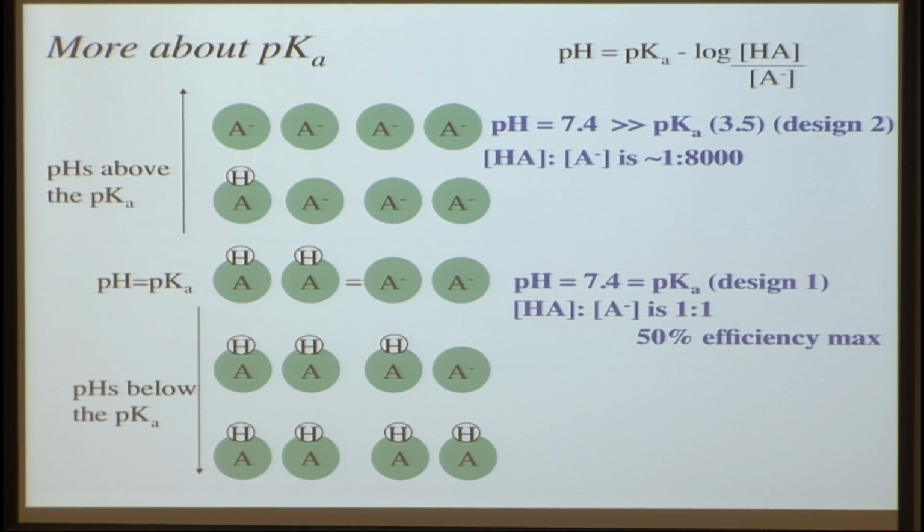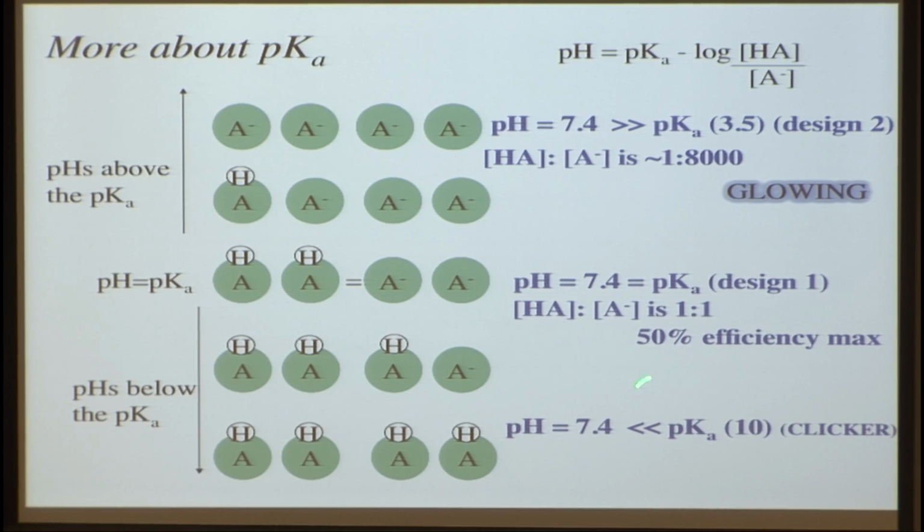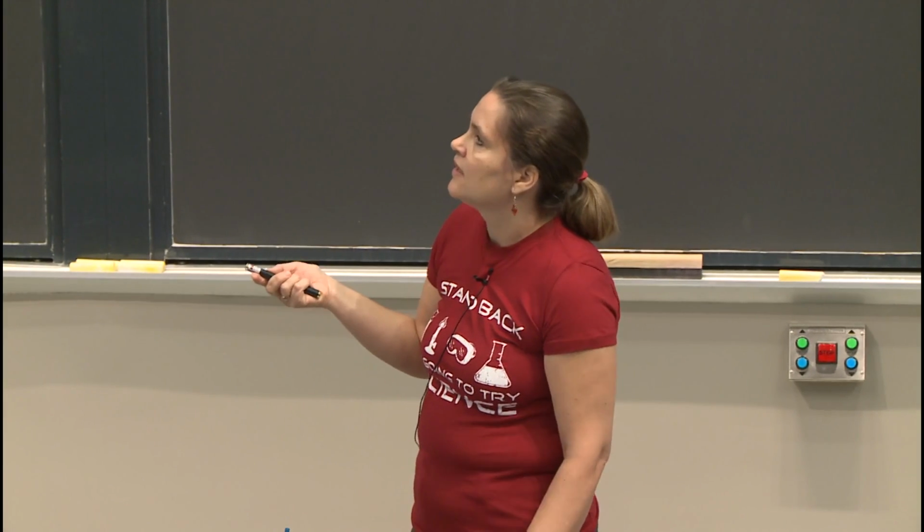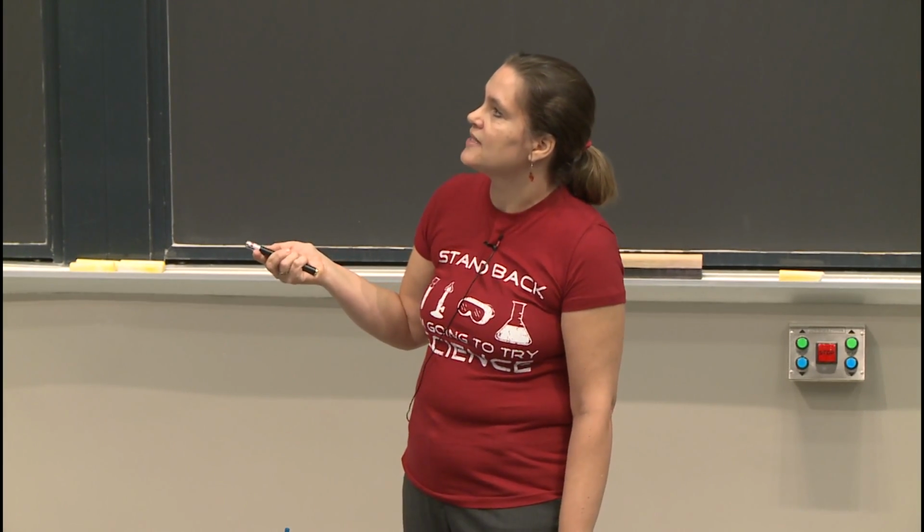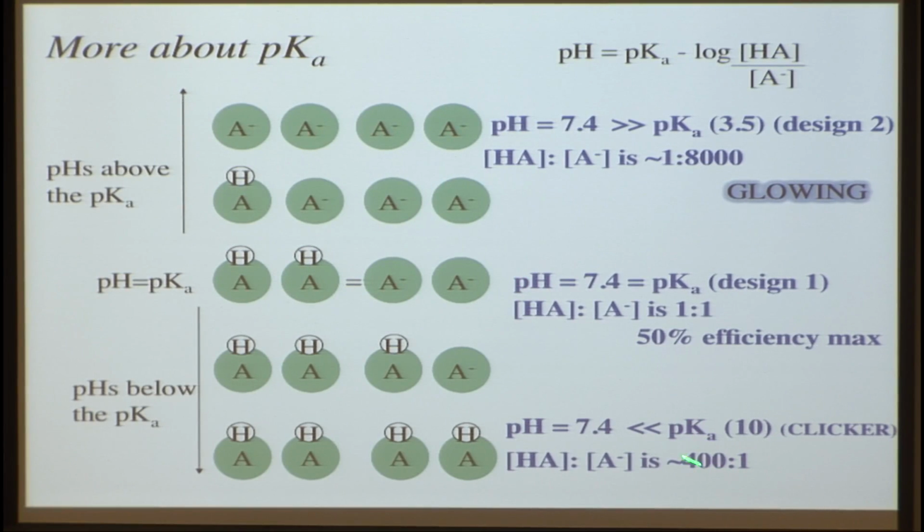So you're going to have a lot of glowing probe under those circumstances. And then the clicker question that I just asked you is, what happens if your pKa was 10? So now you have a situation where the pH is below the pKa. And if we did the math, we would see that the ratio now of protonated to deprotonated is 400 to 1, so very little glowing.